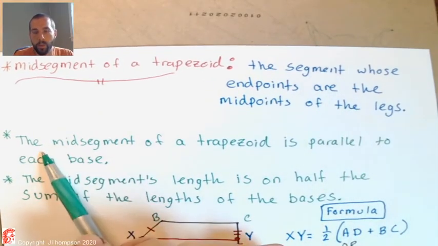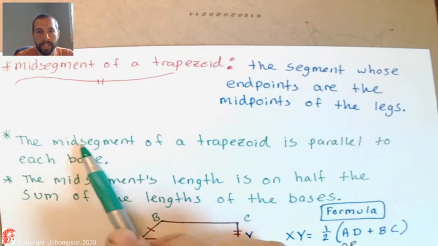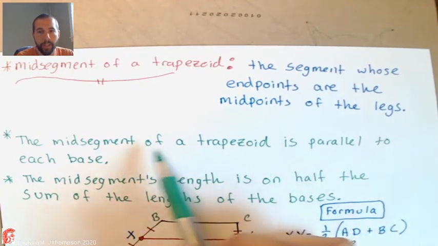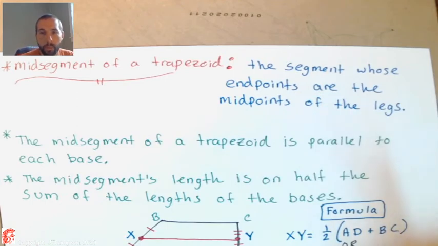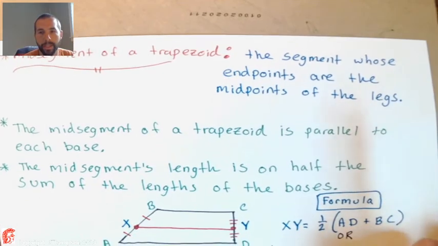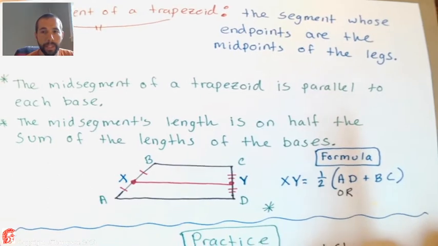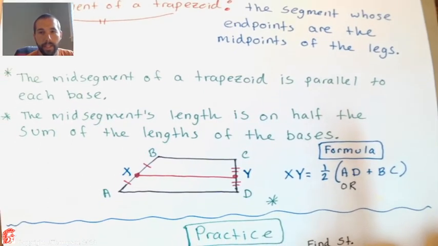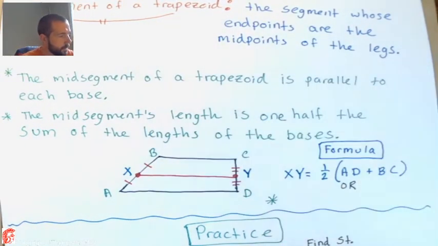Now, when you draw in the mid-segment, just like in a triangle, the mid-segment of a trapezoid is parallel to each base. So we know that the two bases are parallel to each other, and then the mid-segment of the trapezoid is also parallel to those bases. So we have a whole bunch of corresponding angles, a whole bunch of consecutive interior angles, and then also the mid-segment's length is 1/2 the sum of the lengths of the bases.